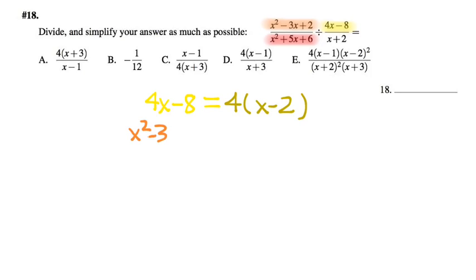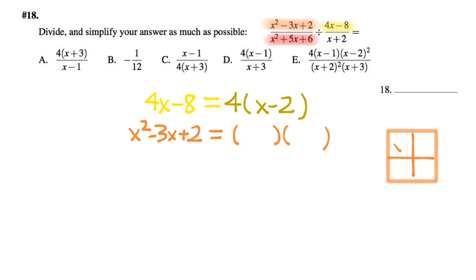Now how about the orange trinomial, x squared minus 3x plus 2? What's my factorization for that one? Yeah, we can set up our little grid and look for a pair of whole numbers, or a pair of integers, that multiply together to give me 2, and which add together to give me negative 3.